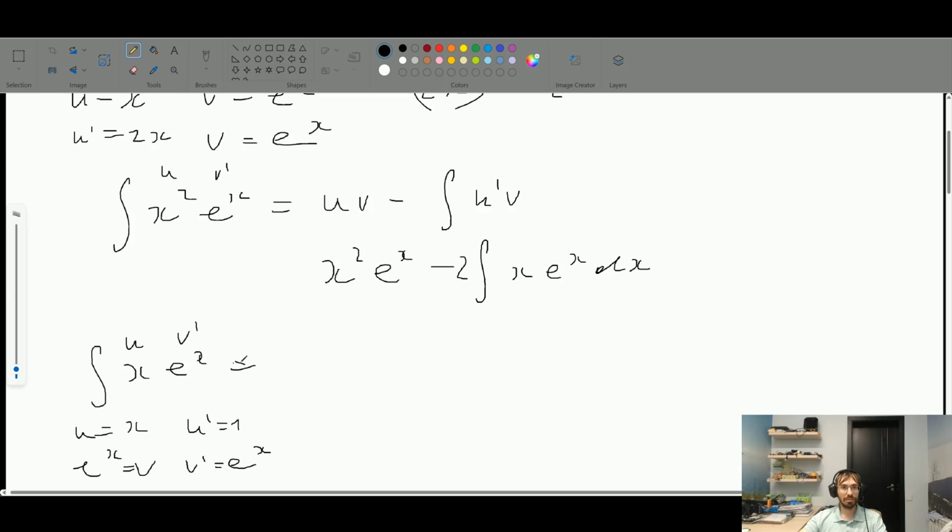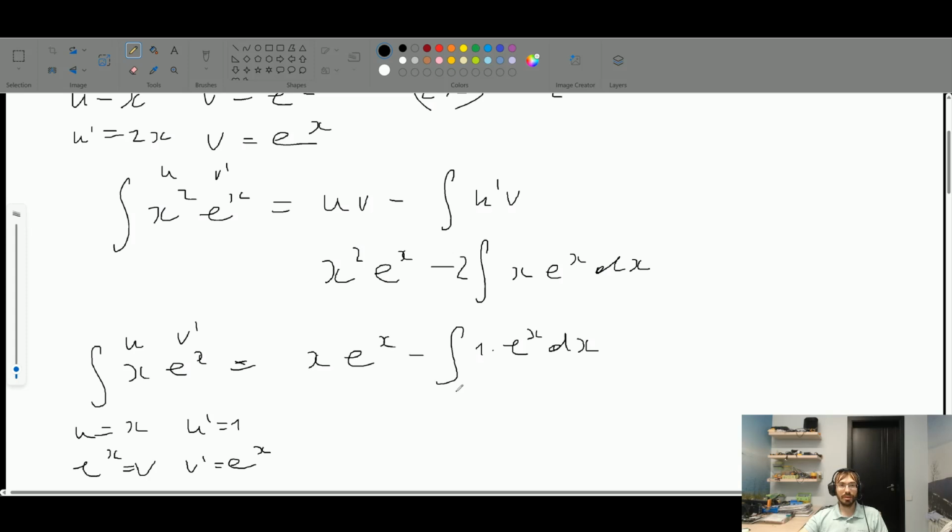So this integral can be written as uv, which is x e to the power x, but then minus integral of u dash, which is 1 times e to the power x dx.